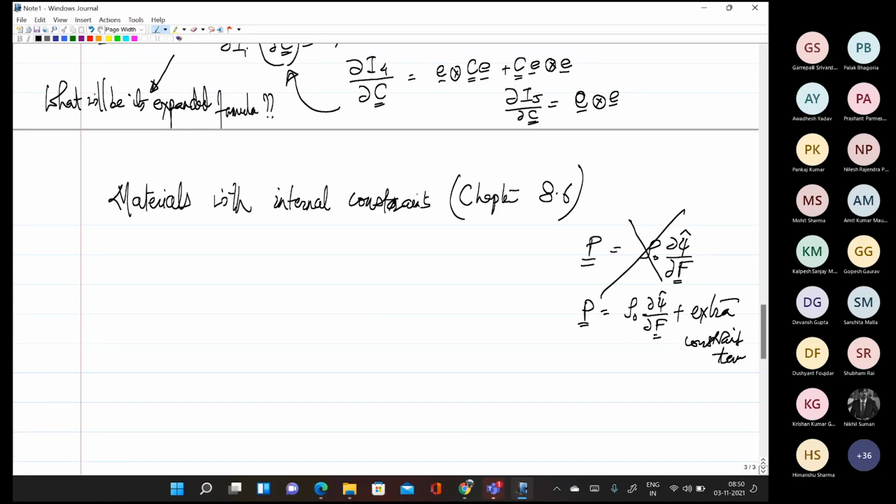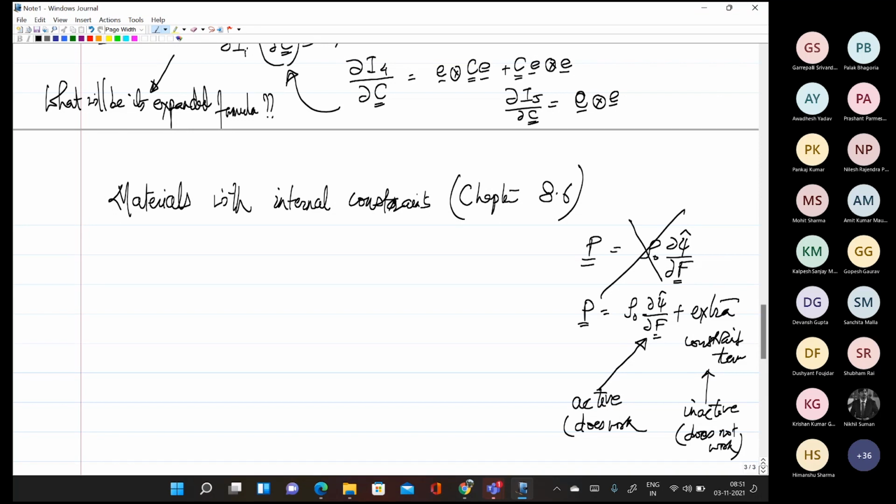And it's only this part, which is coming from the constitutive function, that is called the active part, which does work. Whereas this part is called the inactive part, which does not do any work.